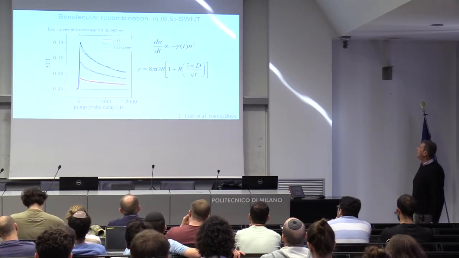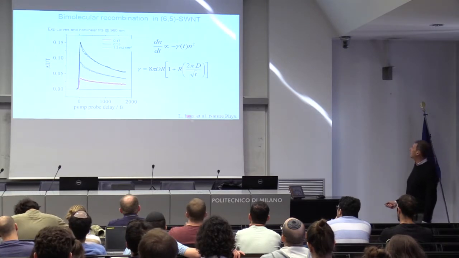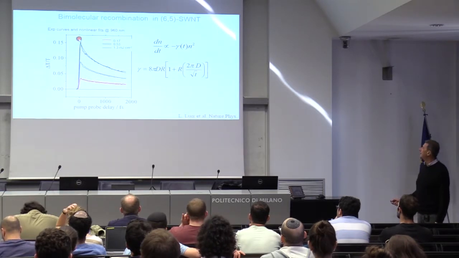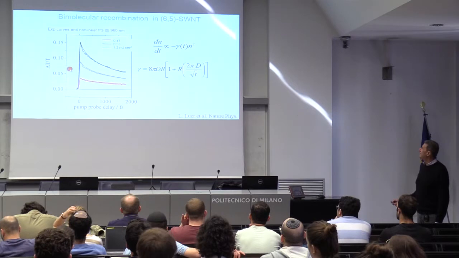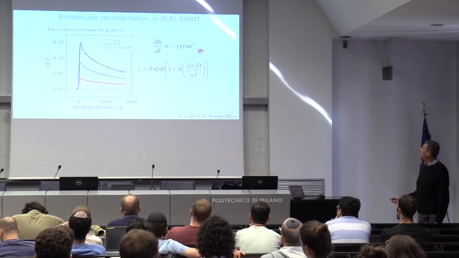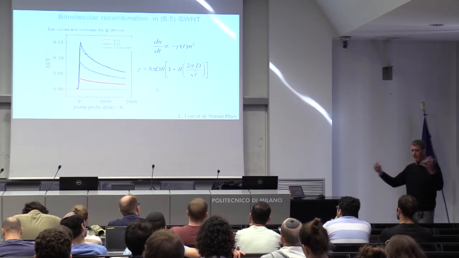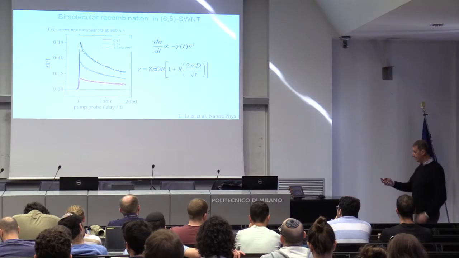This is another example. Now this is 2003. The laser is improved, and Larry Luer was taking the measurement, probably better than me, and the signal to noise ratio is much better, but you find the same thing, that the bimolecular decay depends on one over the square root of t, and there is some diffusion constant which is describing how the singlet states meet.